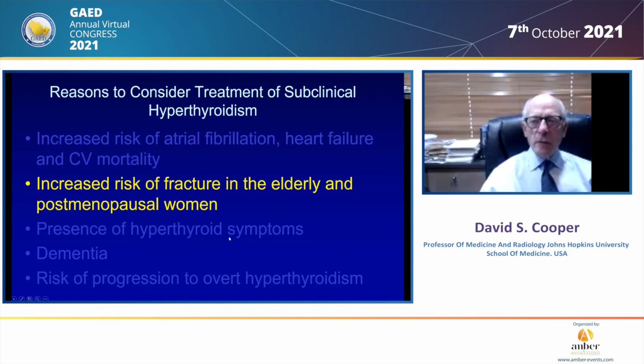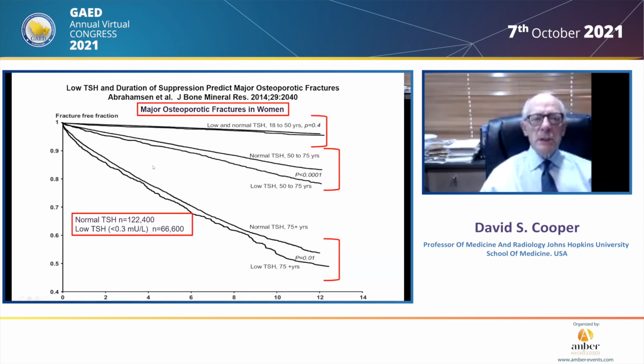Now, as you know, hyperthyroidism can cause bone loss in elderly and postmenopausal women. So maybe subclinical hyperthyroidism does that as well. And this is an epidemiologic study from Denmark looking at osteoporotic fractures in women. Here we have patients with low and normal TSH, where low TSH is defined as a TSH less than 0.3.